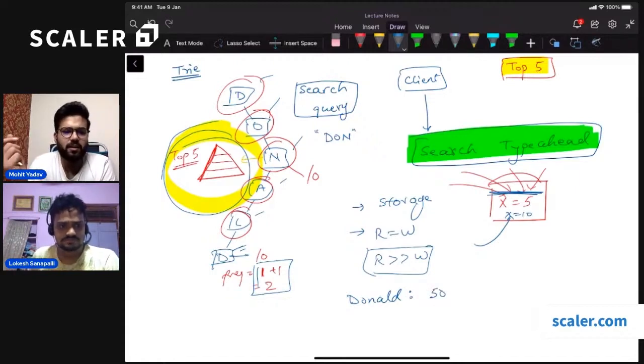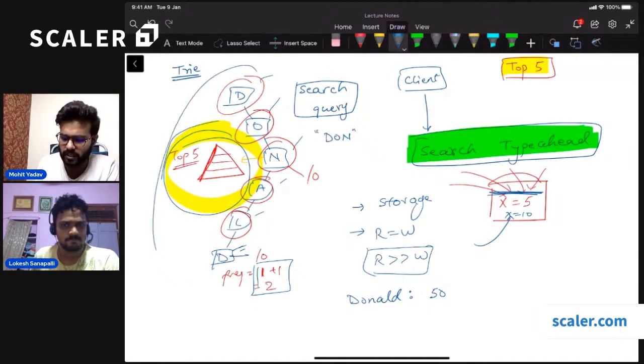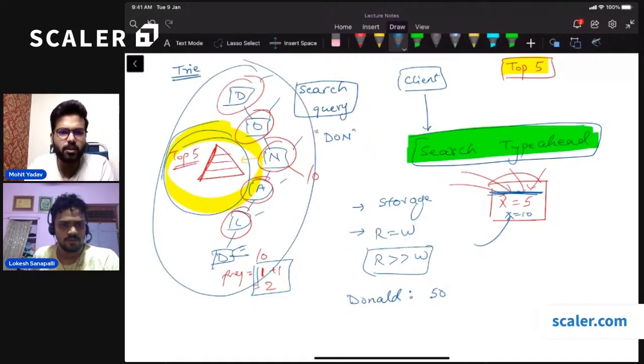Even when you store in a queue, that also has a problem. Some consumer will read that message and then come to update this particular trie. Instead, why not store it in a hash map?